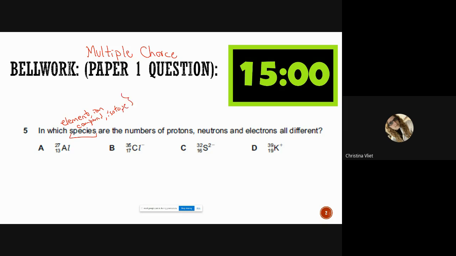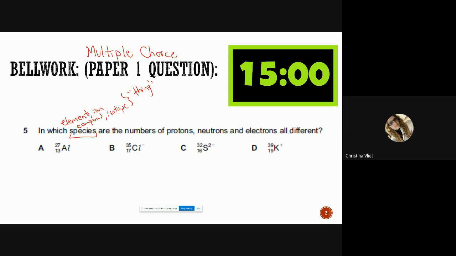So if I don't want to specify, this could be an element, this could be an ion, this could be a compound, this could be an isotope. I say species because I'm just saying this thing. But we don't say thing in chemistry. We wouldn't write that on a chemistry exam. We would write species or substance, something that sounds more scientific.